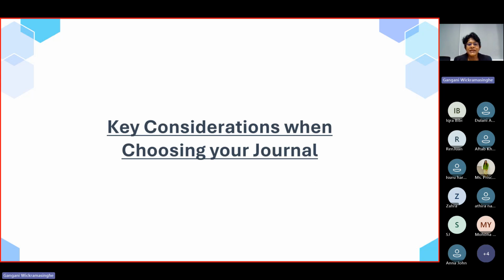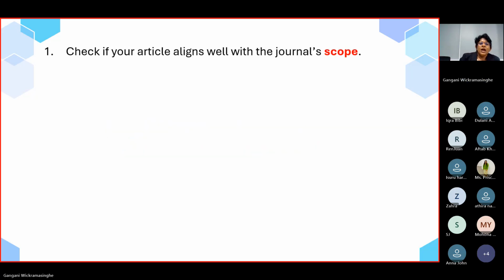Okay, now in that case, let's move on to some of the key considerations when you choose your journal. Now, first of all, if you're trying to get your article published in a Scopus Index journal, or any journal for that matter, the number one thing to remember when choosing your journal is to always check the journal scope.